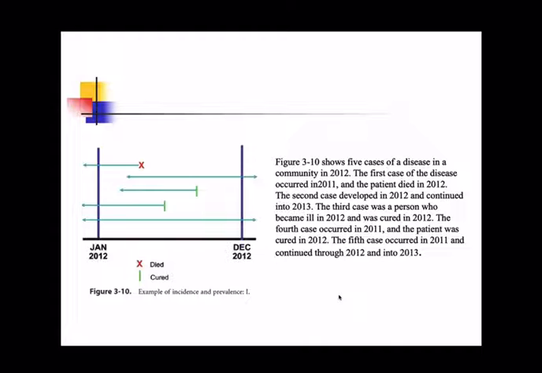The third case was a person who became ill in 2012 and was cured in 2012. The fourth case occurred in 2011, and the patient was cured in 2012. The fifth case occurred in 2011 and continued through 2012 and into 2013.